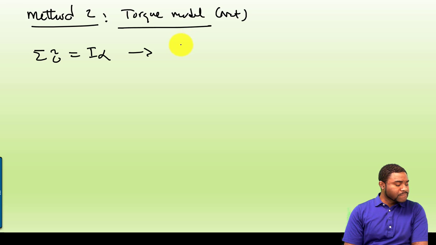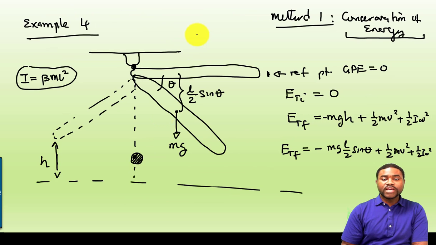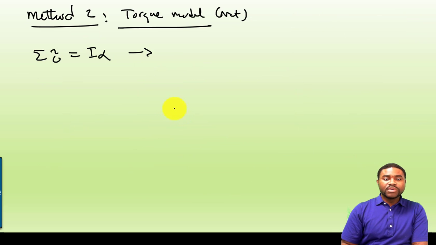What is tau anyway? If we revisit our diagram, this is the pivot. The force is the force of gravity. This distance from here to here is the lever arm, which is just L over 2 cosine theta. If you agree with me, then you will have mg L over 2 cosine theta.